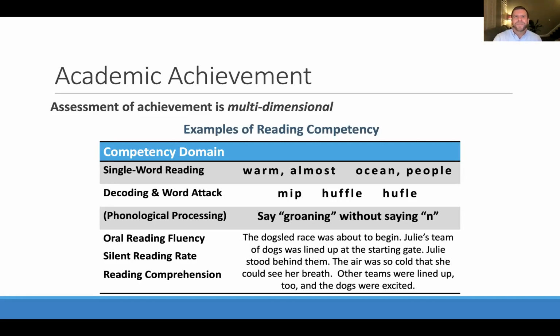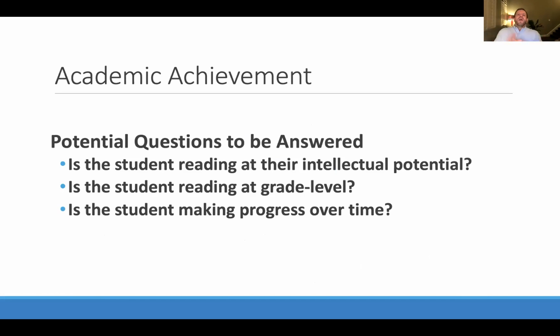So one of the other things that we want to do with academic assessment is, as I mentioned before, there's these other things we're looking at. And one of those is looking at not just where they are, but is a student reading at their intellectual potential? As we talked about before, determining what that potential is can be complex at times.